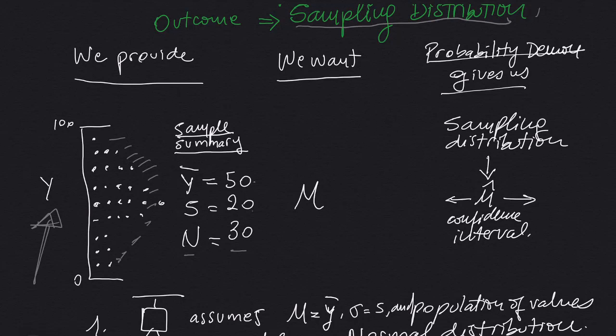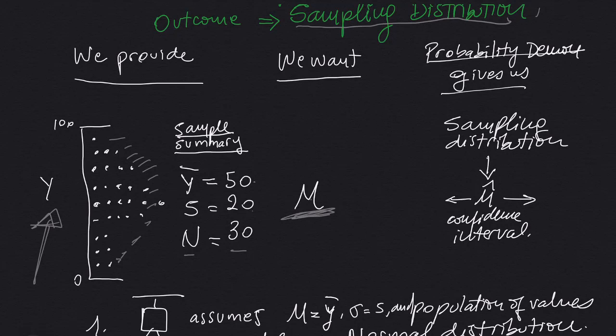We provide that information to the probability daemon. And what do we want? We want mu, which is the mean of the population. This sample we obtained comes from a large population, so we want to estimate the mean of that population.